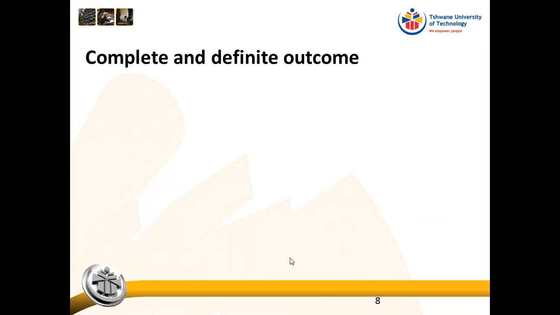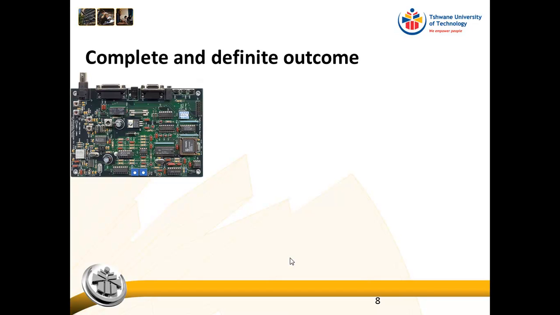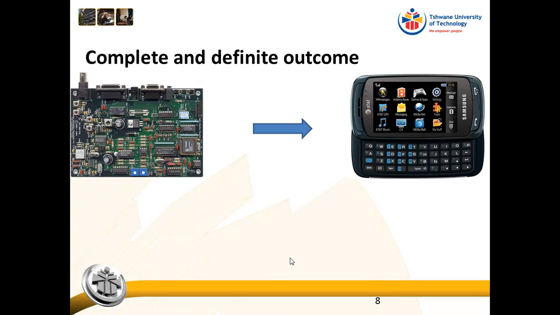Right, and we need to talk a little bit more about the complete and definite outcome. It depends at what level one sits in the manufacturing chain. So if I am designing this PC board that goes into a cell phone, my complete and definite outcome would be this PC board, which I will then deliver as the product at the end of the day.